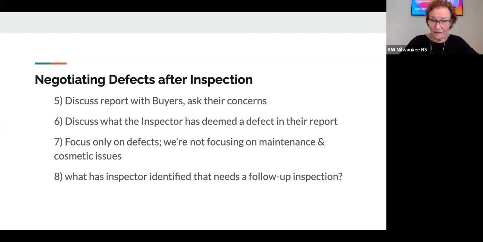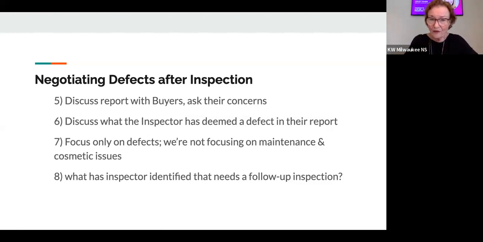Focus only on defects. We are not focusing on maintenance and cosmetic issues. You want to be able to identify the defects, and as I said, not talk about maintenance or cosmetic issues or other things that are not considered a defect.